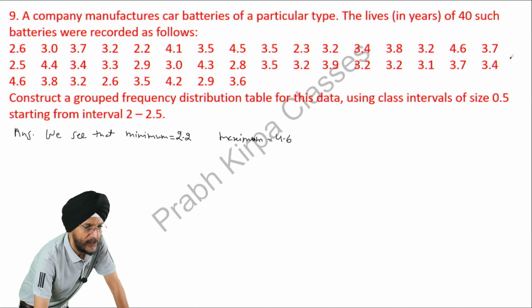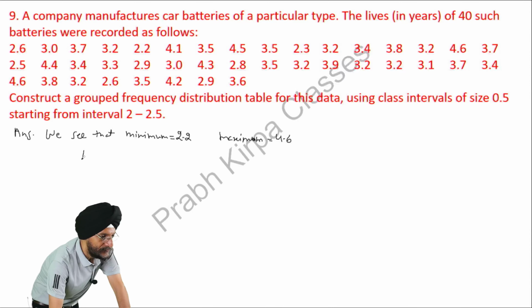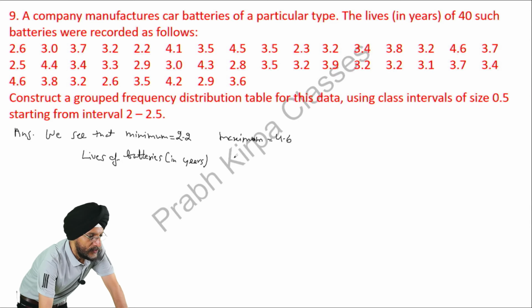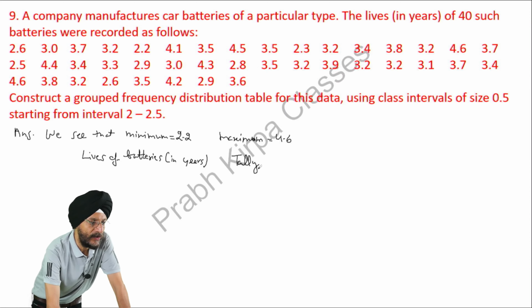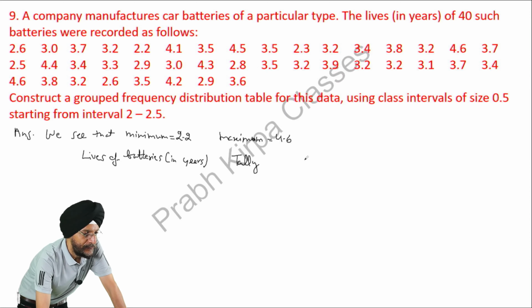What is the data about? This is the data about the lives of batteries in years. As we will have to count the number of batteries, we make the column of tally.